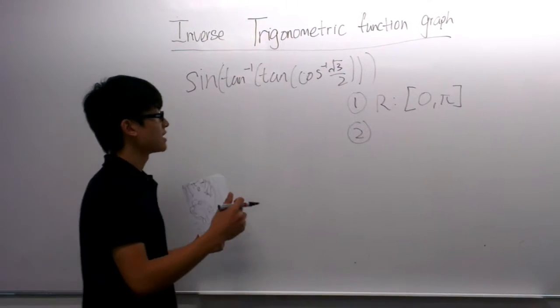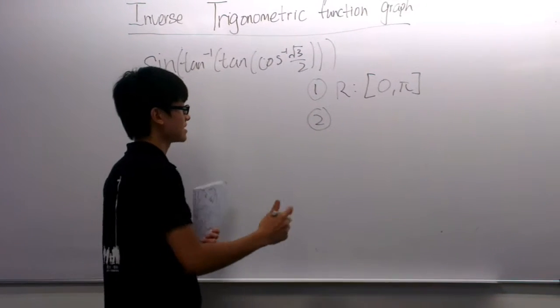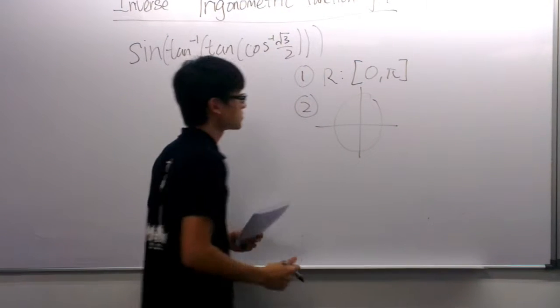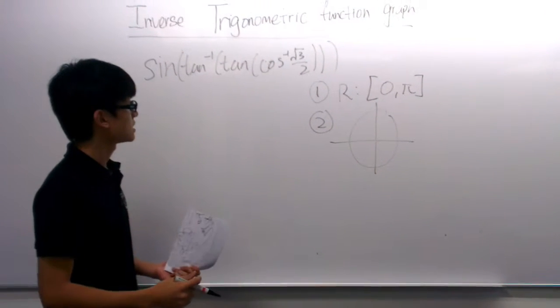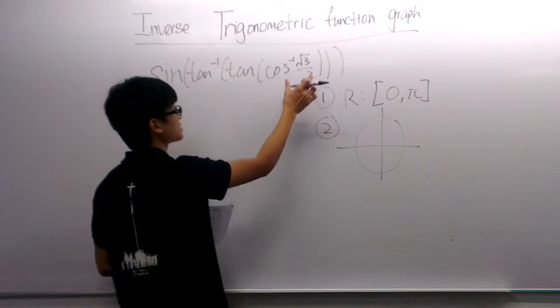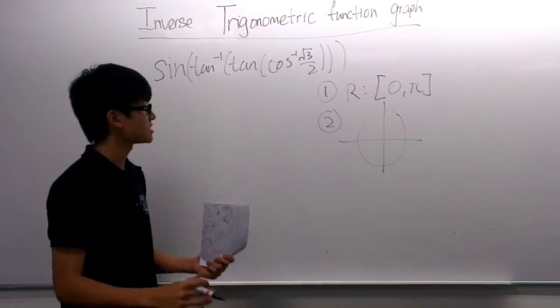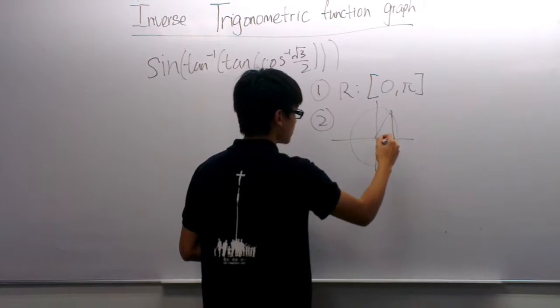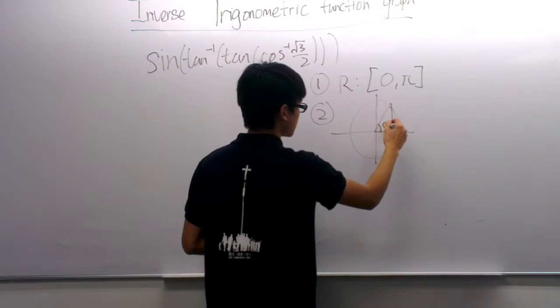So we draw a circle. In this case, √3/2 is a positive value, so we know that the angle will lie on the first quadrant.